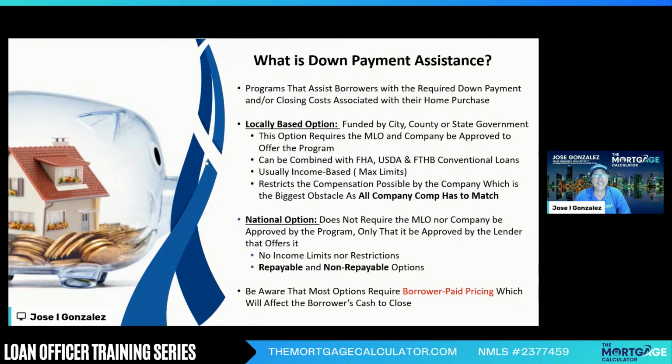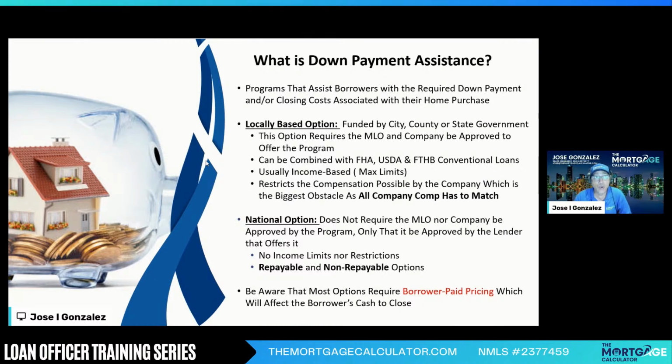So, what exactly is down payment assistance? Well, down payment assistance is typically programs that assist borrowers with the required down payment and/or closing costs associated with their home purchase. Right? So there's many different options.